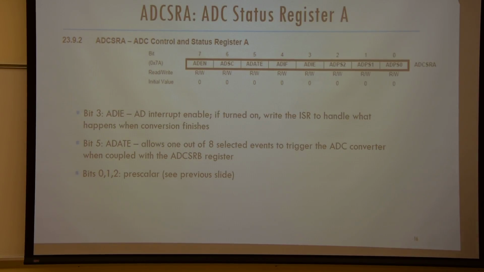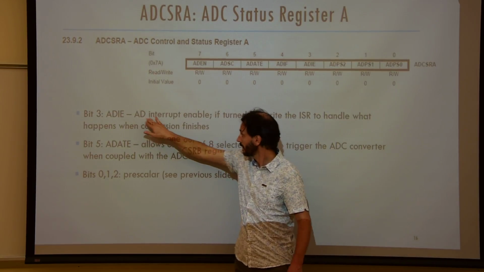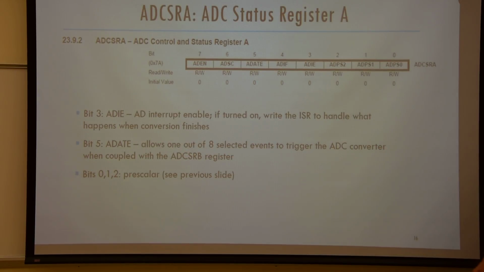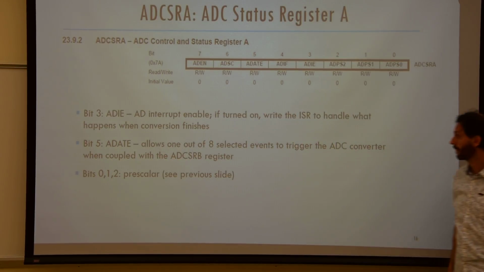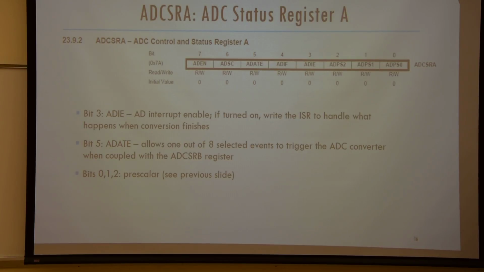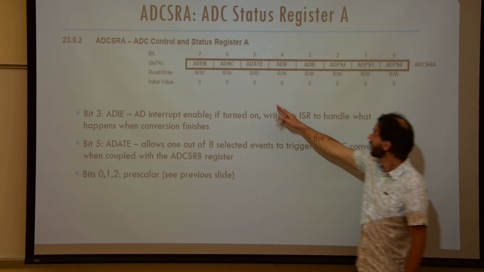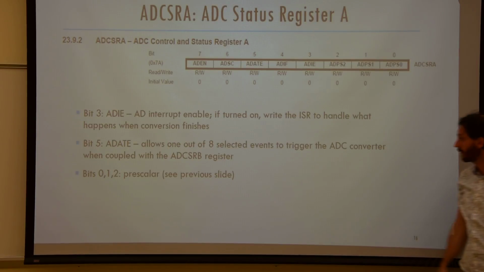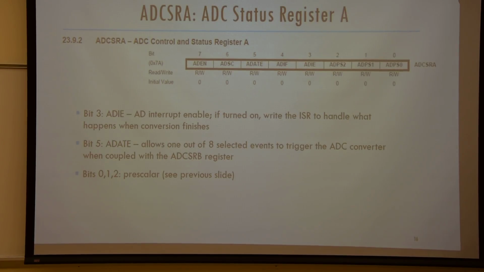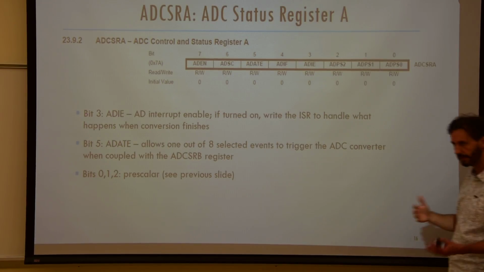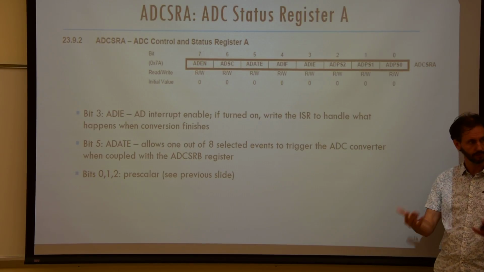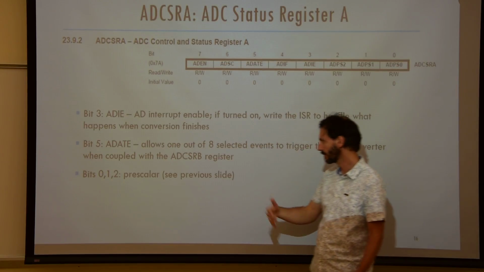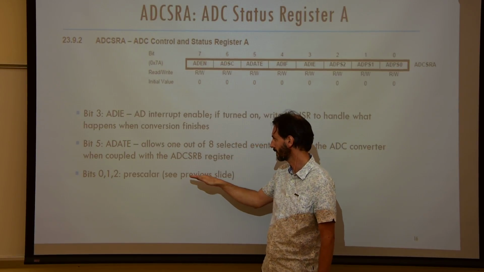Okay. Now, the ADIE, again, that's the AD interrupt enable. So we'll write an ISR for that. The ADATE allows 1 out of 8 selected events, it's over here, to trigger the ADC converter. So we'll come to that in the next slide. There can be different types of events that could trigger the ADC converter to start a conversion. We will not be using that, but it's nice to see that it is possible.